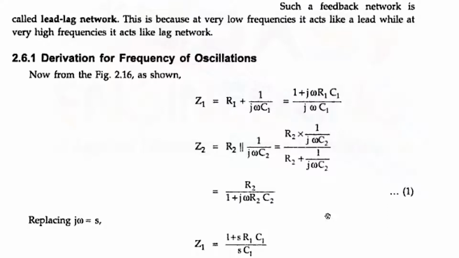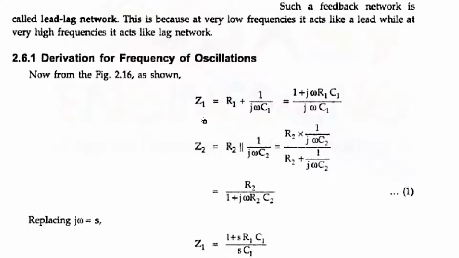What remains is R2 over j omega C2 R2 plus 1.